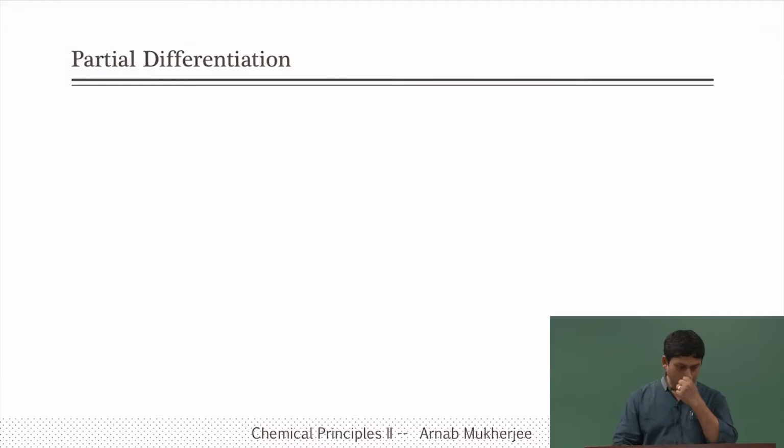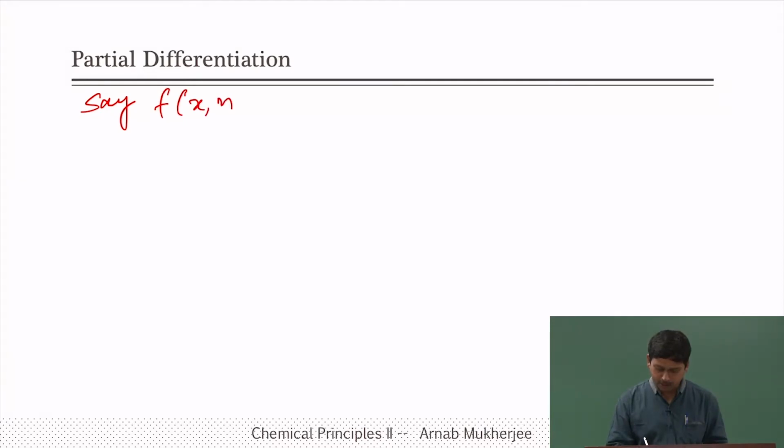Okay. So now we are going to see what will happen if more than one variable changes. Let us say a function f depends on more than one variable, x and y. In that case I want to see how the function changes with respect to both the variables.